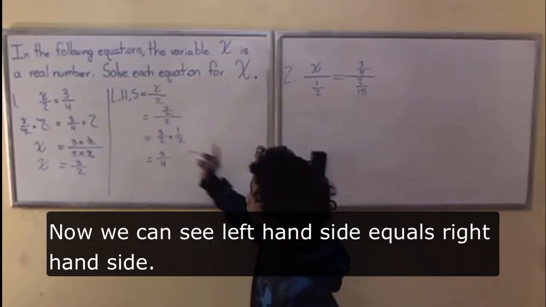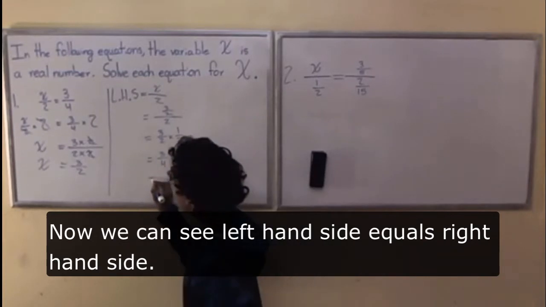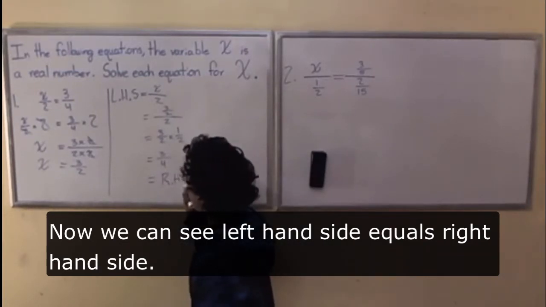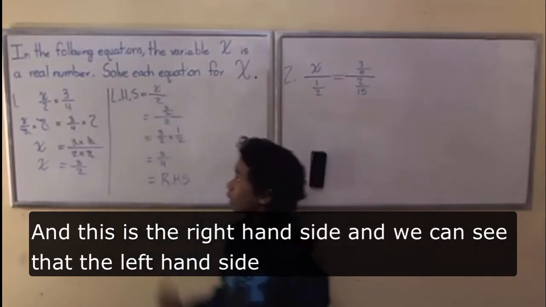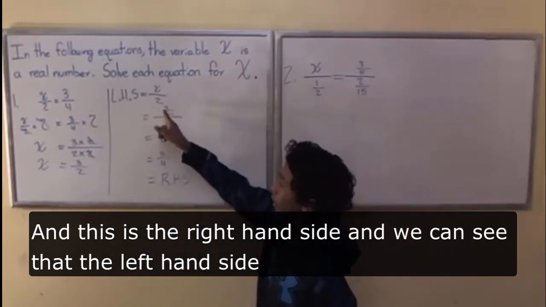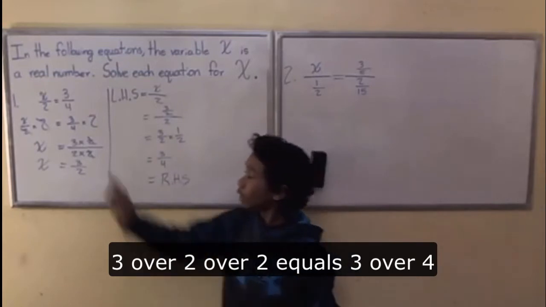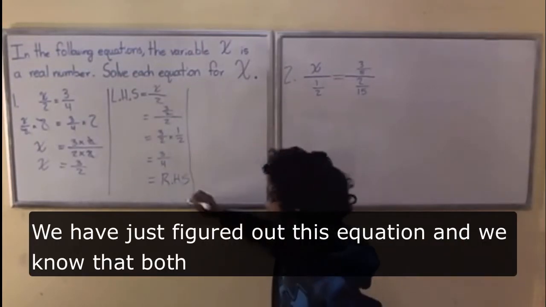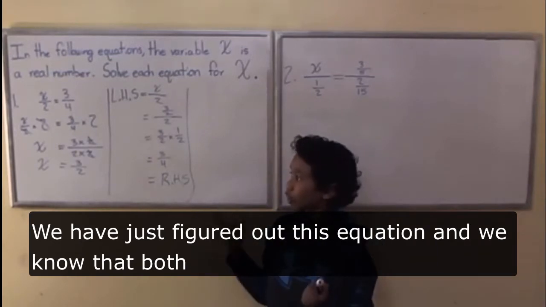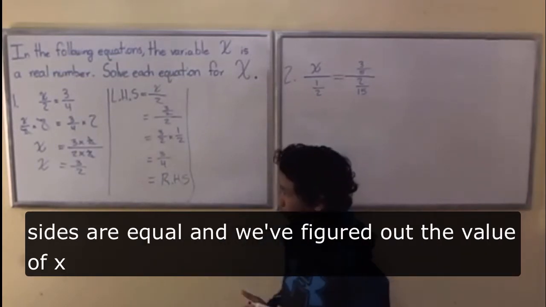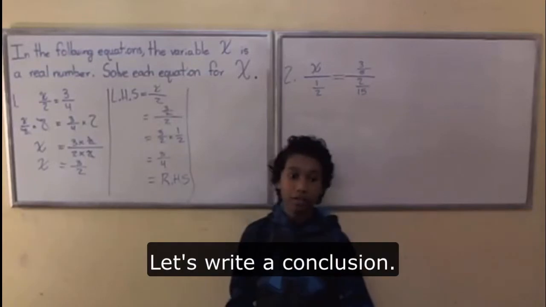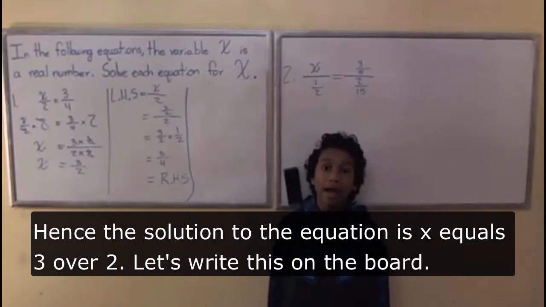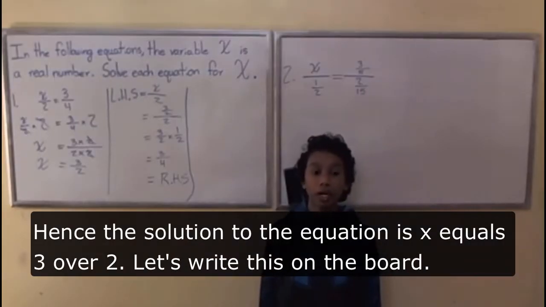Now we can see left-hand side equals right-hand side. This is the right-hand side, and we can see that the left-hand side, 3 over 2 over 2, equals 3 over 4. We have just figured out this equation, and we know that both sides are equal, and we have figured out the value of x. Let's write a conclusion. Hence, the solution to the equation is x equals 3 over 2.